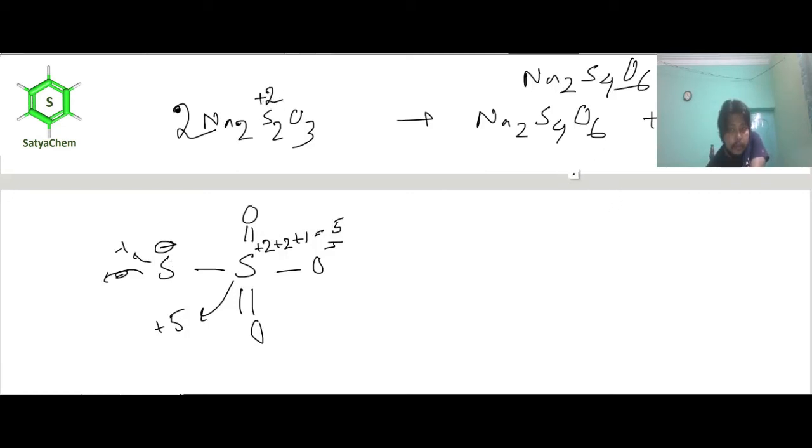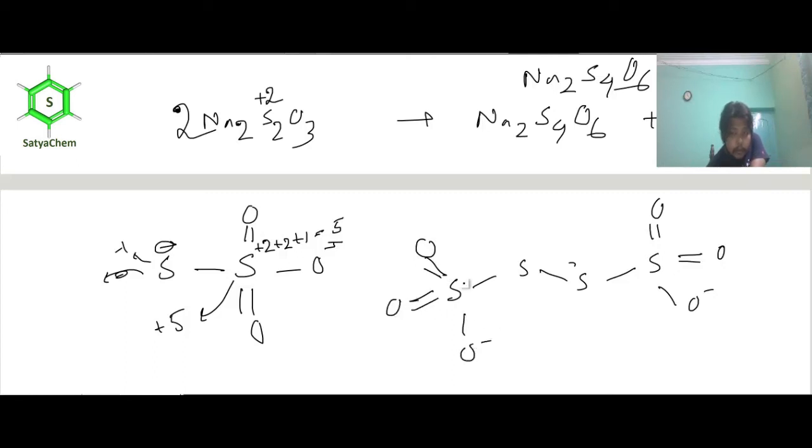Now we need to calculate the oxidation number of sulfur in Na2S4O6, or better to say we can calculate the oxidation number of S4O6 2 minus. The structure of S4O6 2 minus is S single bond S single bond S single bond S, with double bond O and O minus on the terminal sulfurs. The S-S single bonds will not contribute to the oxidation number of sulfur.